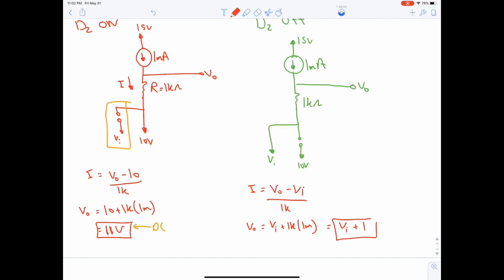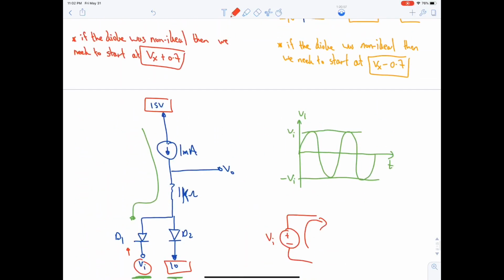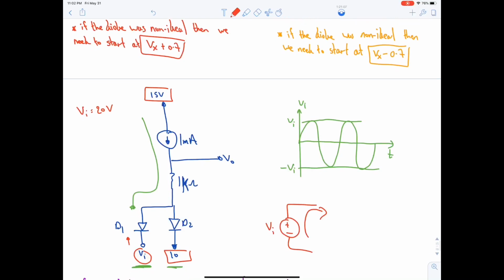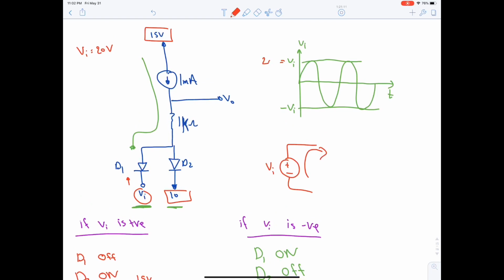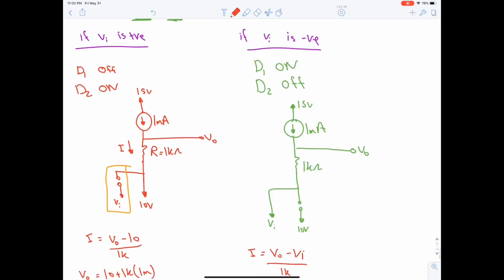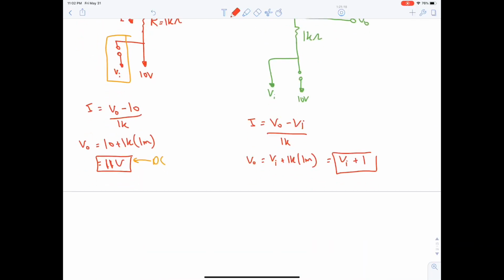Now I recommend that you do not substitute in values of VI. Usually you're given values for VI, for example 15 volt, or let's say 20. So you do not think that VI is 15 here, 20. My advice to you is to not substitute in numbers, because as soon as you plug in 20 here, you will get 21.